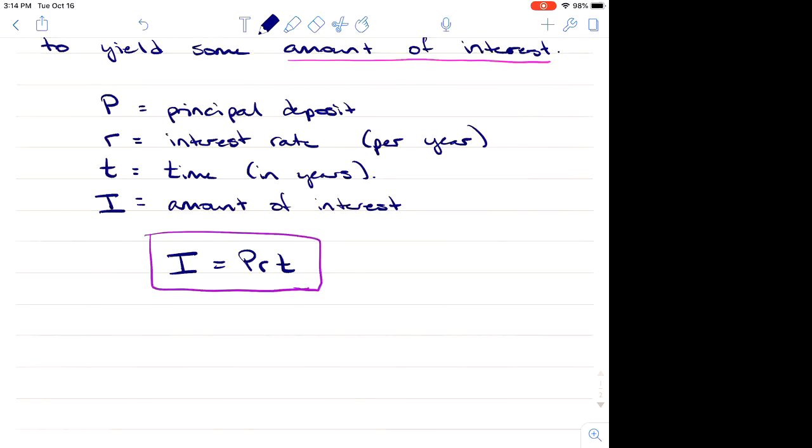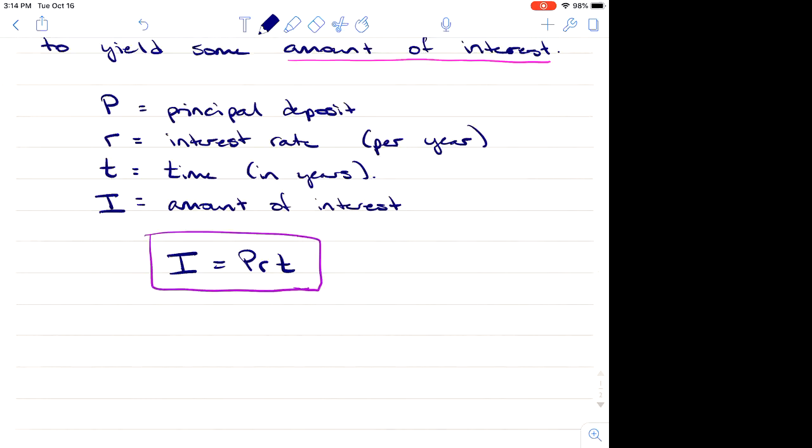And so what's nice here is that if we have any three of these four things, we can solve for the fourth one, right? So as long as we just have one unknown, we can solve for any one of these as an unknown.